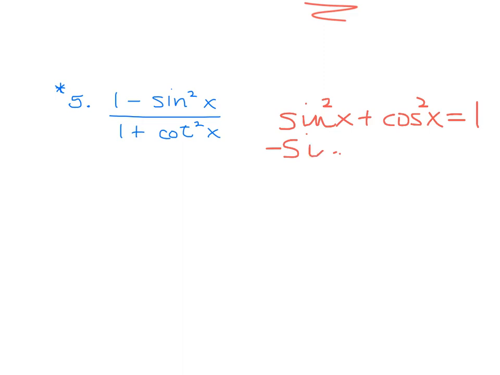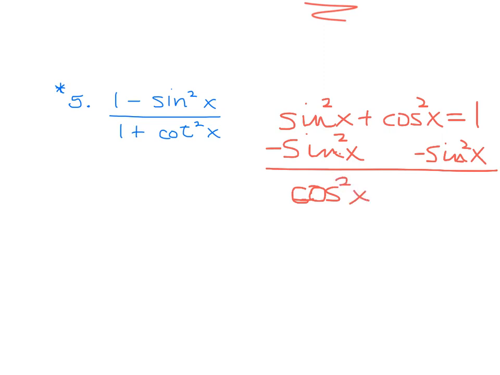So you might want to, in addition to memorizing those 3, maybe memorize the manipulated identities, just so you don't have to keep doing this each time. So cosine squared x is equal to 1 minus sine squared x. So that's what I'm going to replace my numerator with.